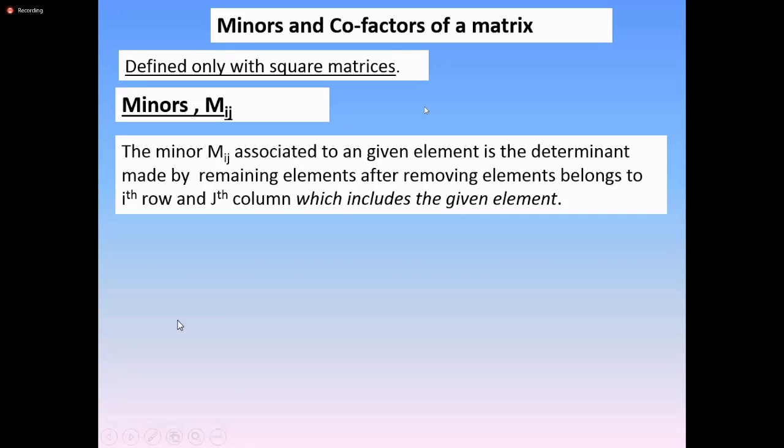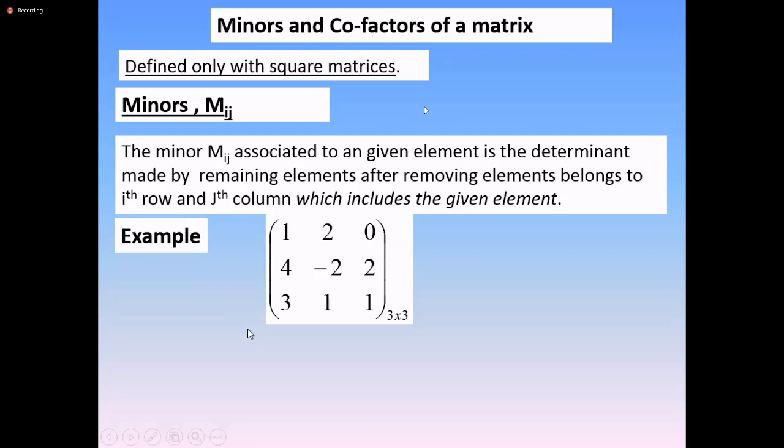Then for example, here you can see 1, 2, 3, 4, minus 2, 2, 3, 1, 1. We start from the very first element here, number 1.